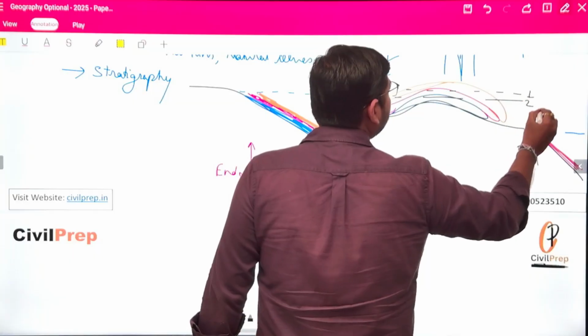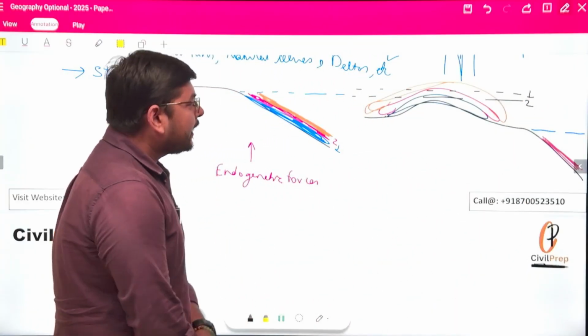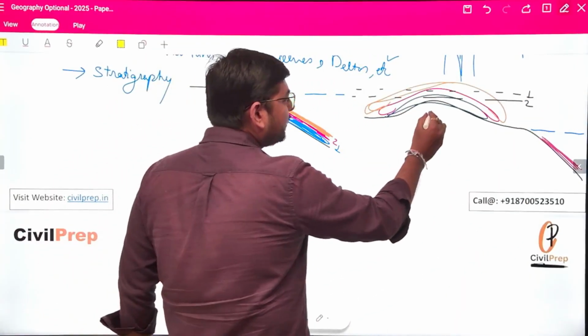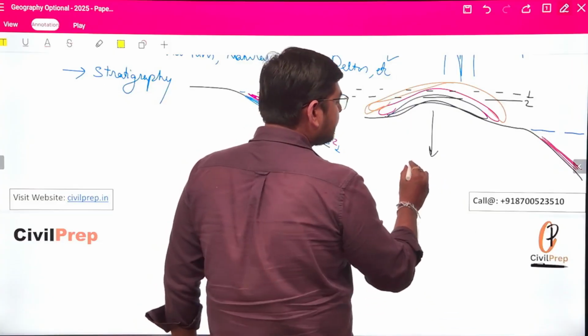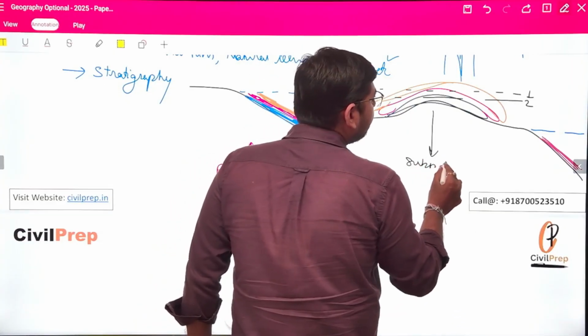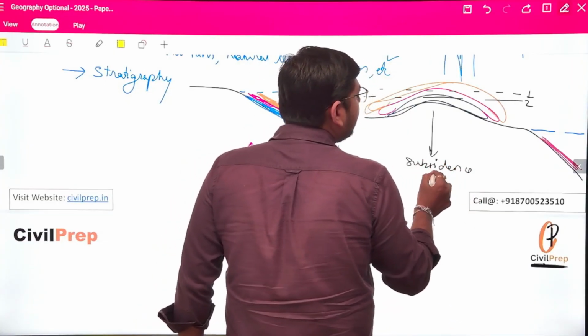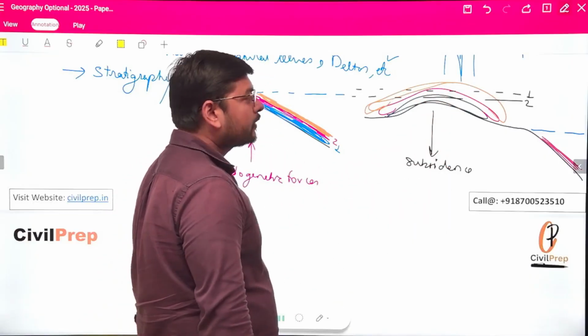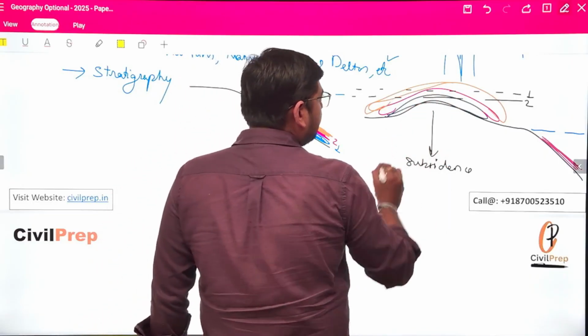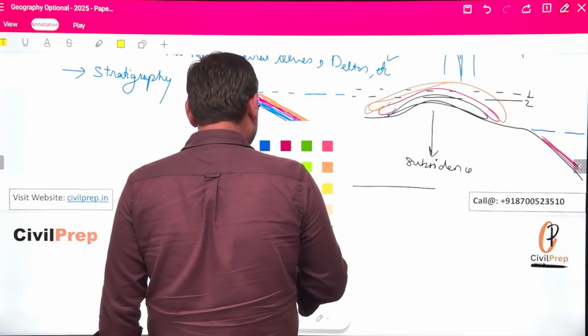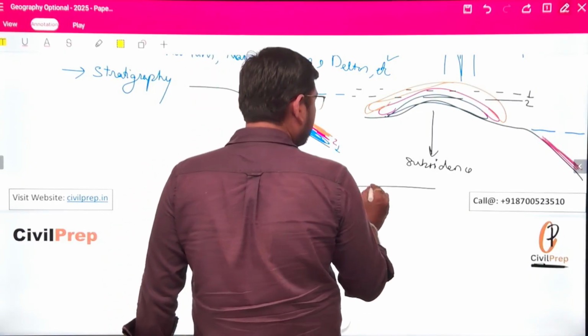Okay, there will be 1, 2, the erosion of surface will start. And with the second part, when there is again subsidence of land, it will go inside the water, and over this region there will again be deposition of sediments above it.